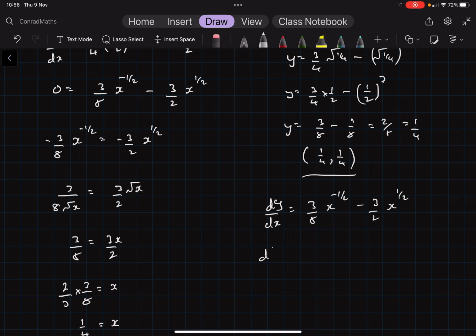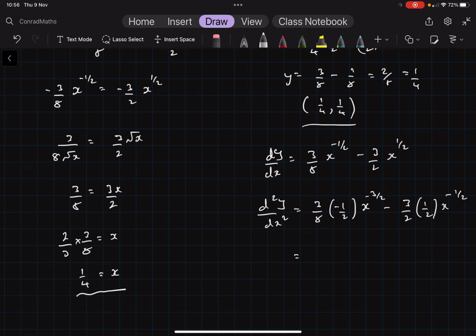So take the second derivative: 3/8 times negative 1/2, x, take away 1; minus 3 over 2, put the half in front and take away 1. This gives us negative 1/2. And we're going to simplify that. Negative 3/16 x to the negative 3 over 2 minus 3/4 x to the negative 1/2.